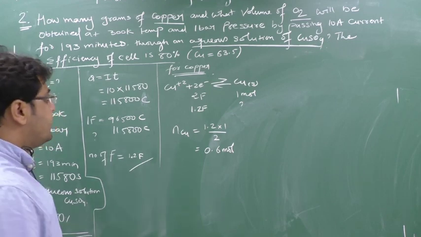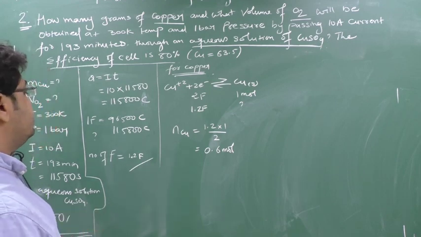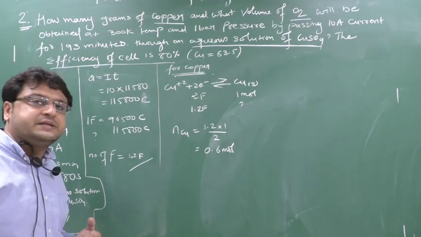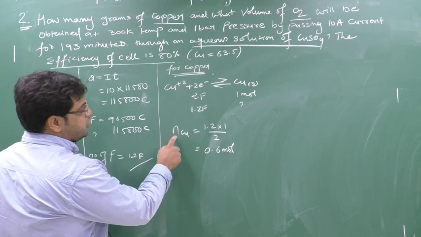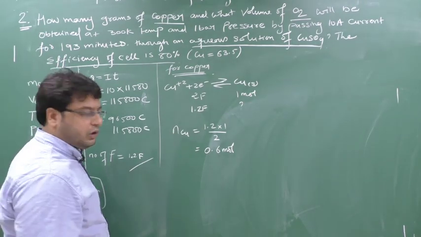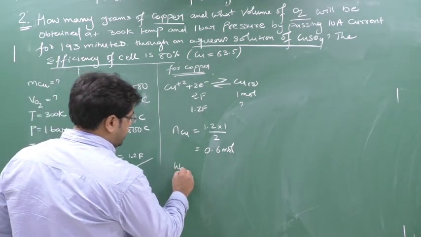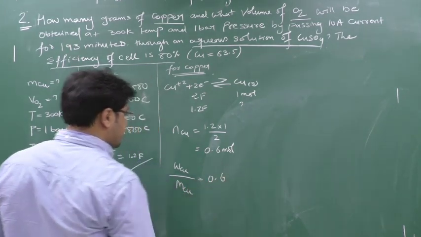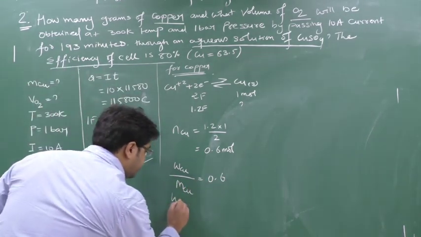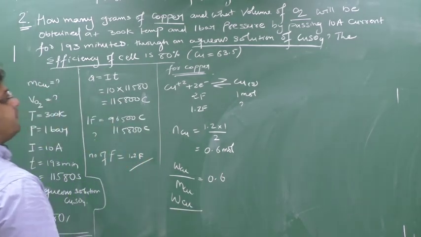Clear now? Copper is a solid, and when any solid is formed, it deposits in terms of grams. So these moles should be converted into grams. You know one formula: weight of copper by molecular weight of copper equals 0.6. What is the weight of copper? We need to determine it. What is the molecular weight of copper?